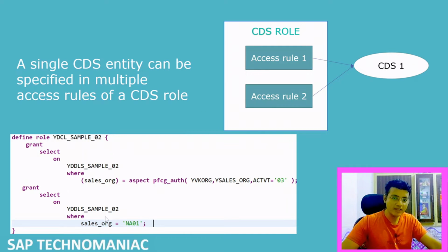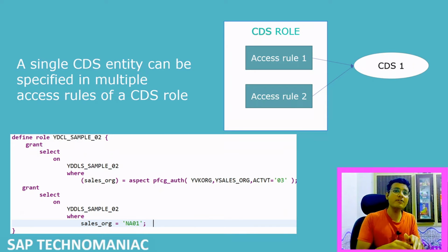These are called access rules for one particular CDS entity in one particular CDS role. Inside this CDS role there are two access rules, and they have different conditions. Each access rule's conditions are combined with OR.